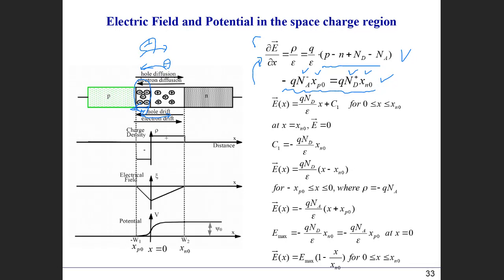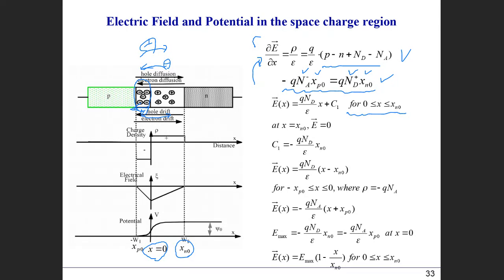To solve this, we're going to split it into different regions. Let's look at this equation. First, let's look at this region, where x is between 0 and xn, which means the n side. So x equals 0, and xn represents the depletion edge in the n side.